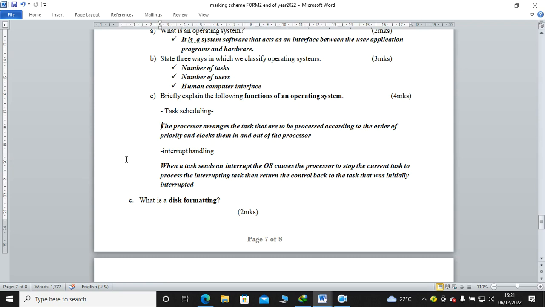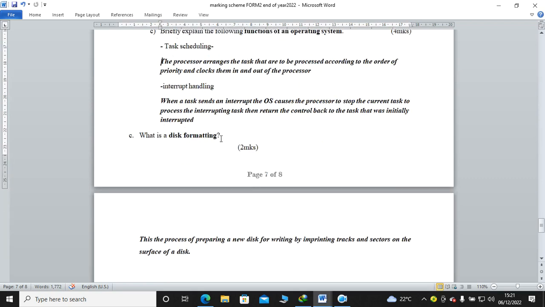Then we have interrupt handling. When a task sets an interrupt, the OS causes the processor to stop the current task to process the interrupting task, then return the control back to the task that was initially interrupted. So that one, we are talking of interrupt handling.